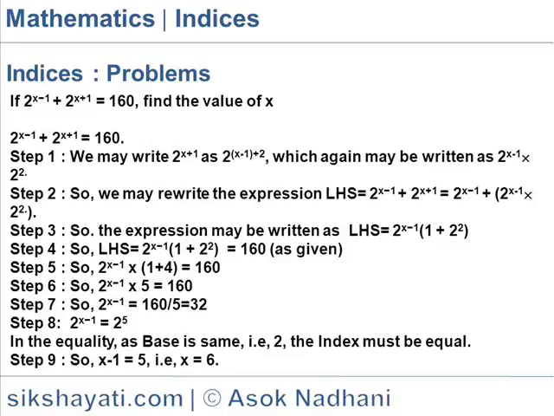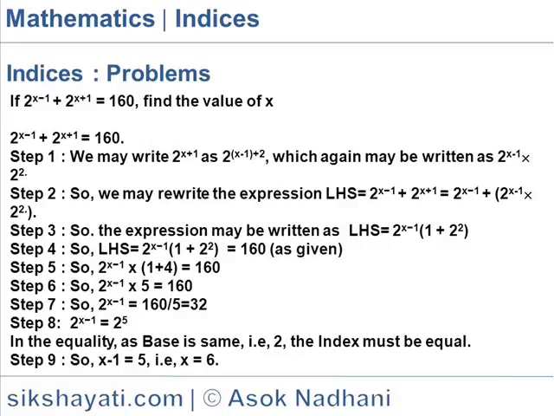You can write it because 2 to the power m plus n is 2 to the power m into 2 to the power n. Like that you can write 2 to the power x minus 1 plus 2 as 2 to the power x minus 1 into 2 to the power 2.